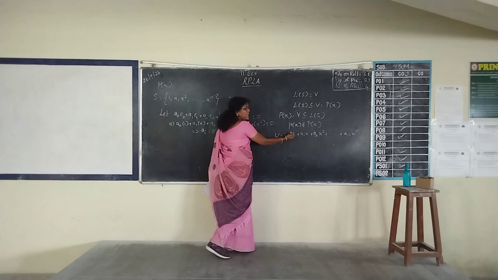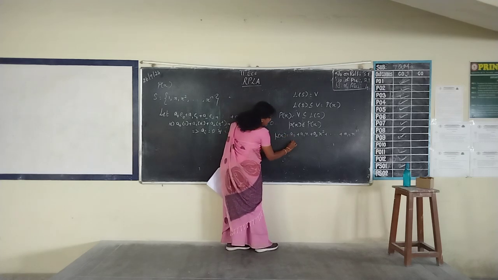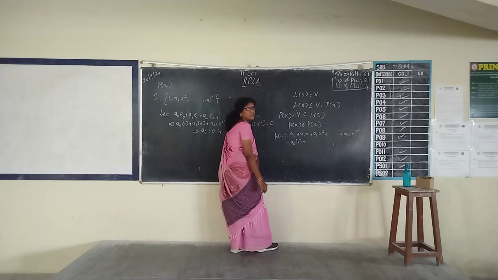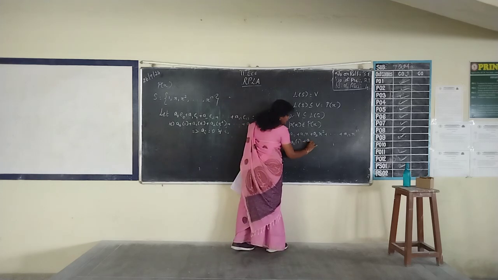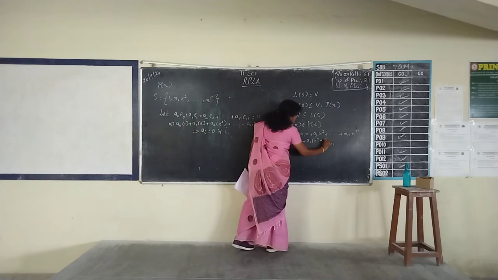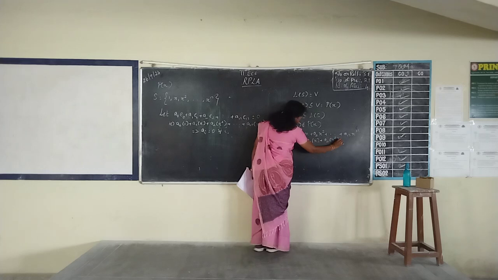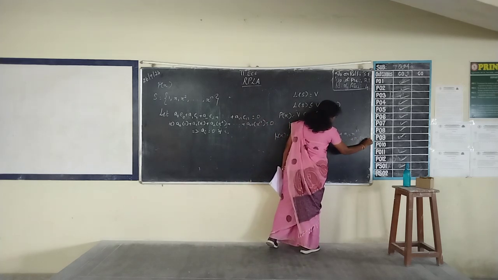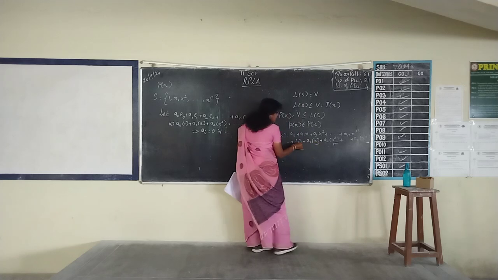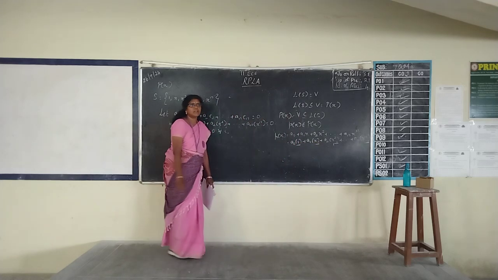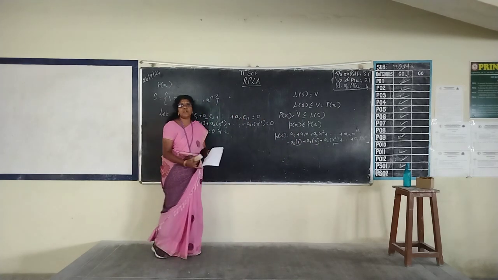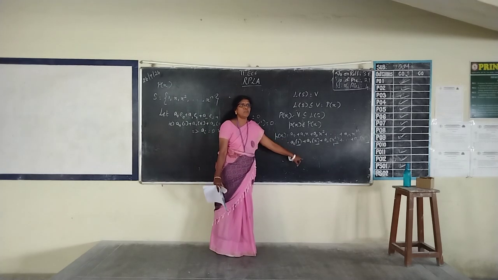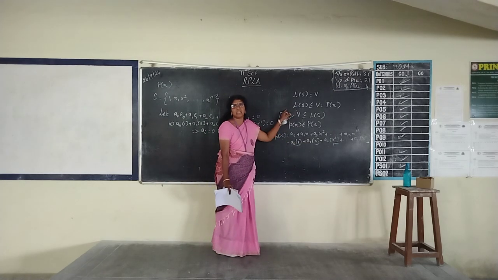So how can you rewrite a naught? a naught into 1 plus, what is the next element, a1 into x plus a2 into x squared plus etc. plus an into x power n. Whether these are the elements in our set S or not? Yes. So it is possible for us to rewrite an element in P of x as a linear combination of elements in the given set S.